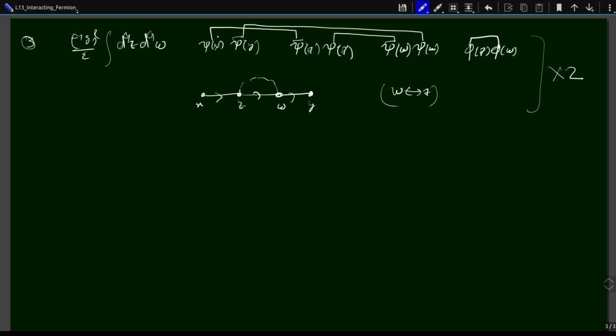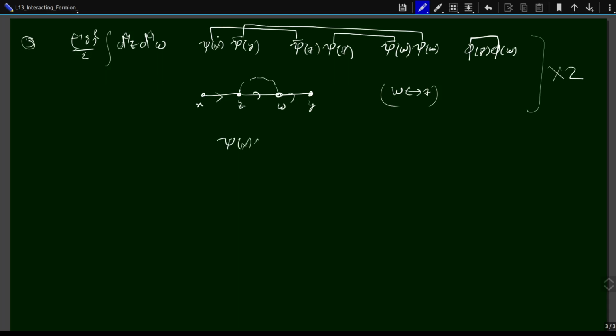But I do have another possible contraction where psi x contracts with psi bar w. Okay, so that will also be exactly the same. So let me just write that: this psi contracts over there and psi bar contracts with psi x, and it will have the same sign. You can just check it.